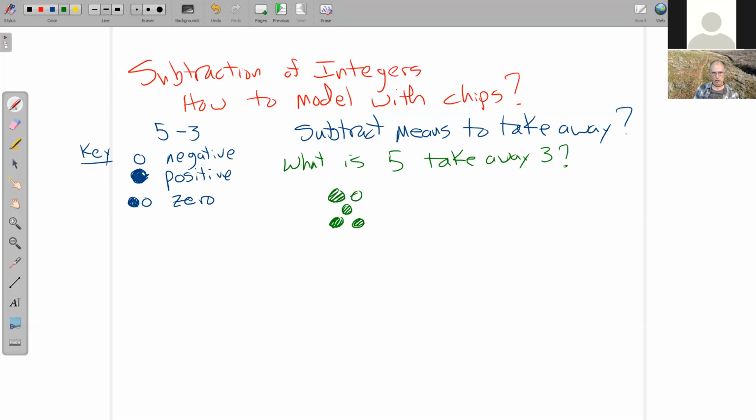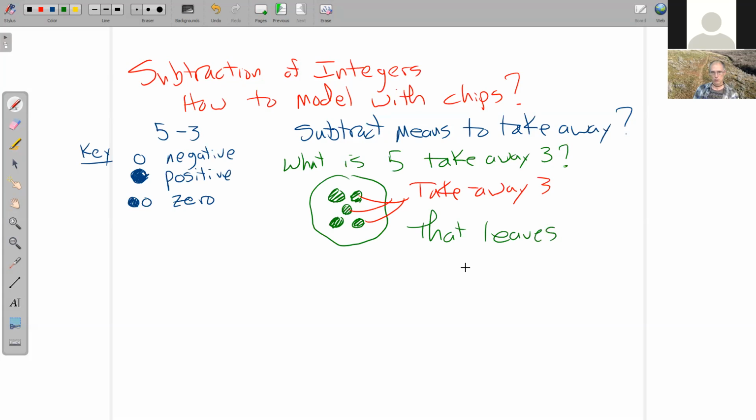These are positives, so they get shaded. And I take away 3. So maybe I'll take that one and that one and that one. So I can then make a new picture and say that leaves 2. So those 2 weren't taken away.